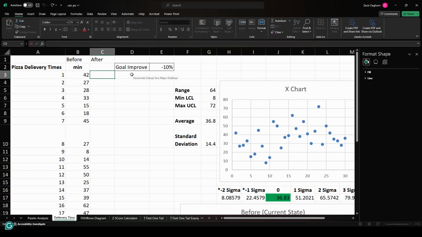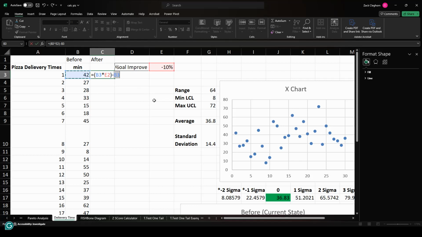We can come over here and set up our formula. After you get done with it, say minus, I think it's 42.